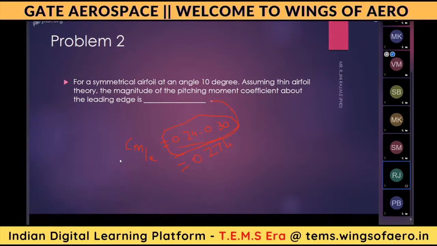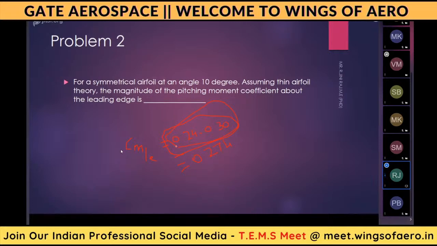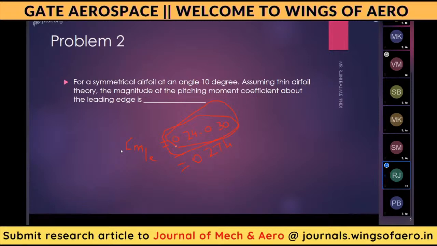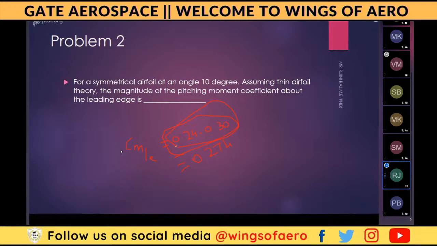For solving the calculations there will be a minor change. Someone gets 0.25, someone gets 0.29 or 0.27. If you are getting values in between, it is okay for us.